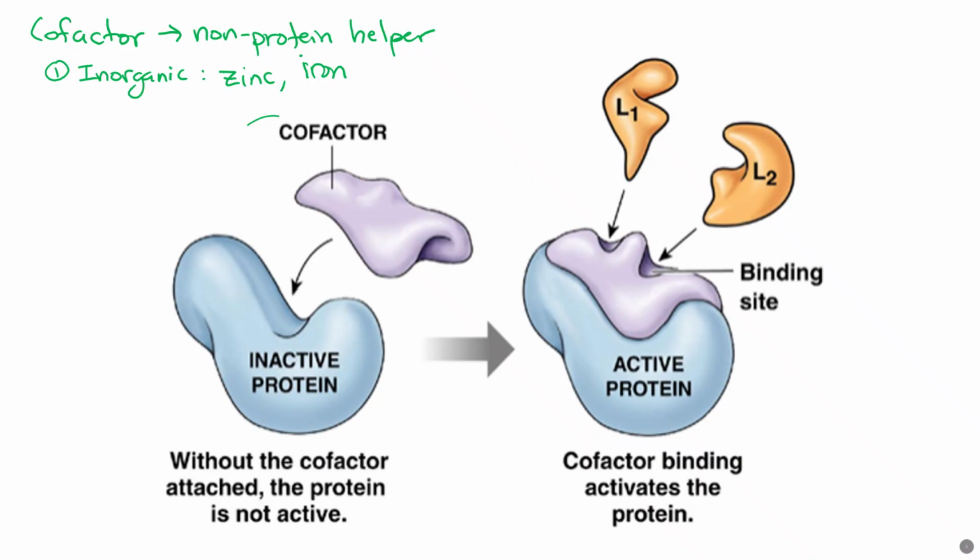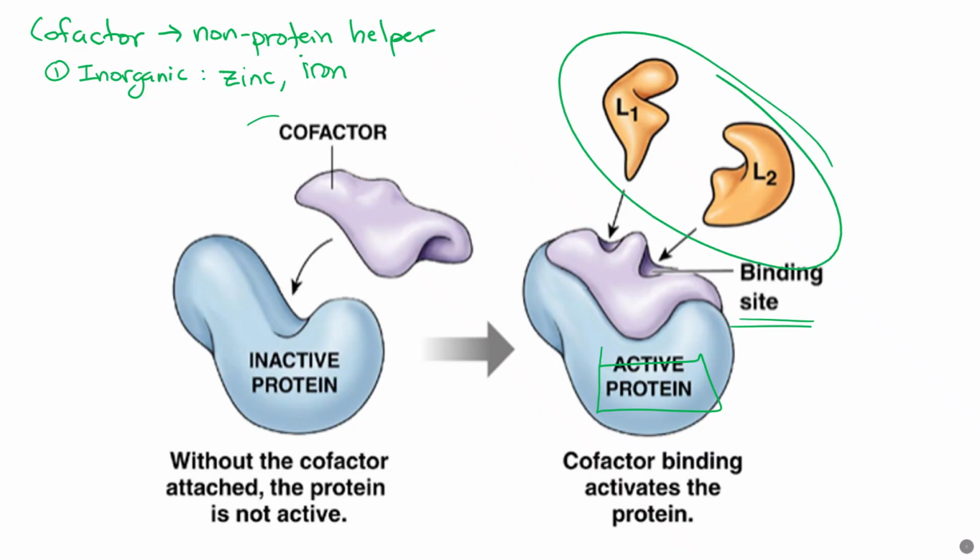Those would be your inorganic cofactors that, once bound to the protein, make it active, exposing active sites for the substrates to bind to. So again, cofactors are a required part for these enzymes to work appropriately.